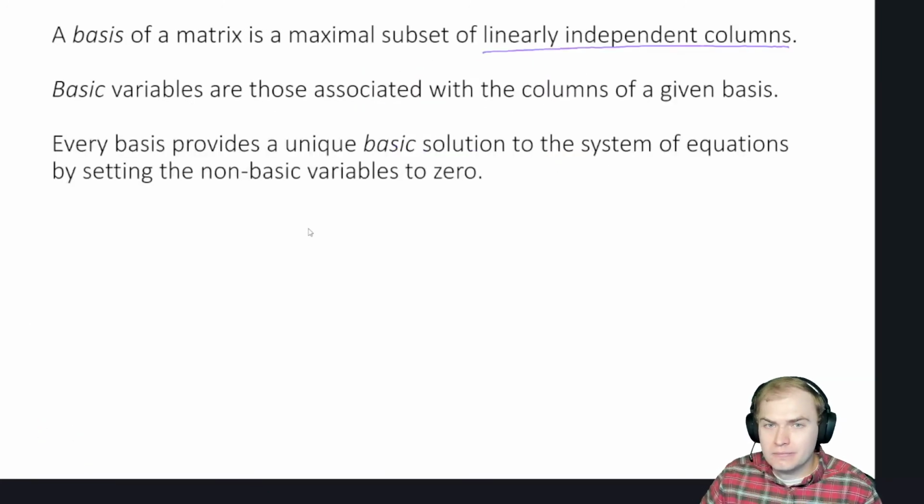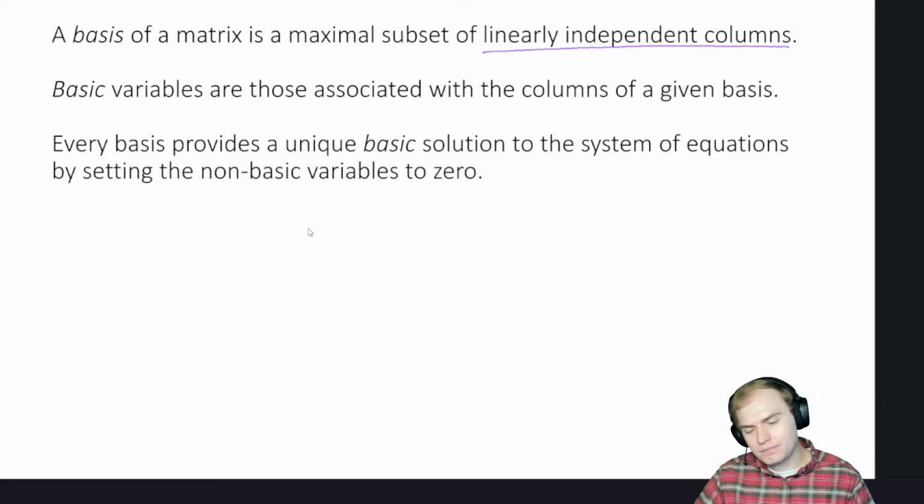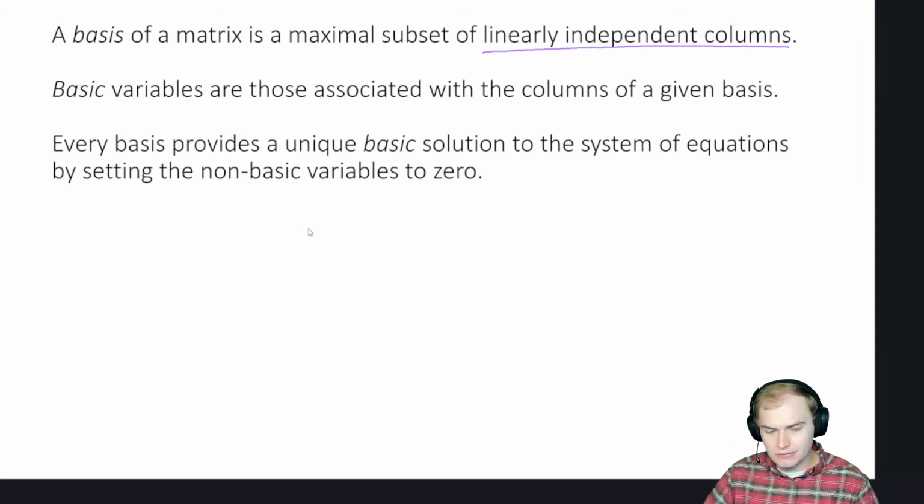Additionally, you can only have n linearly independent vectors in Rn.